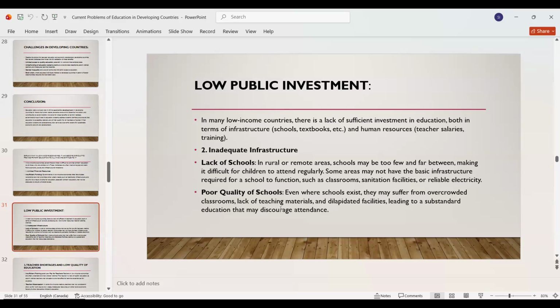So if the quality of school is poor, the parents don't want to send their children, and children also don't like to come, right? On the other side, poor facilities but a lot of children, right? So that is also overcrowded and only one or two teachers are available. Those things are also there.